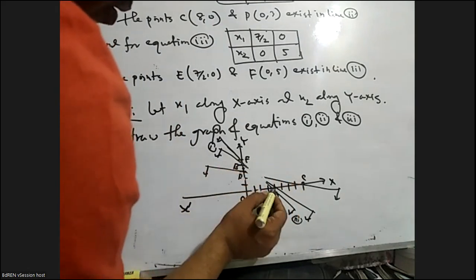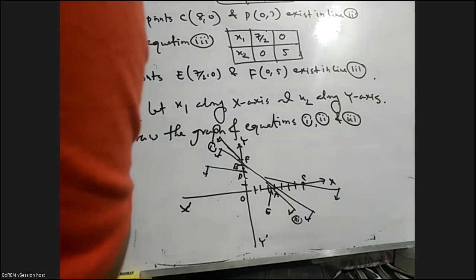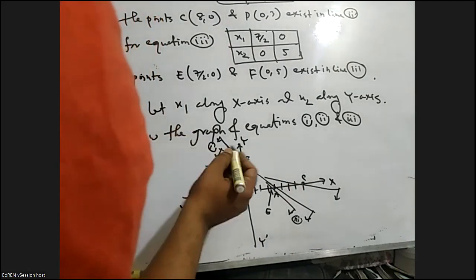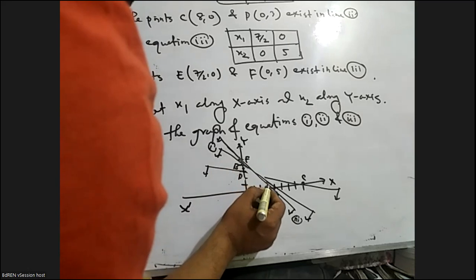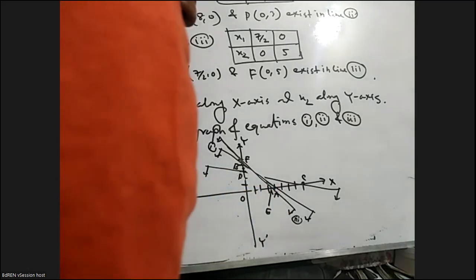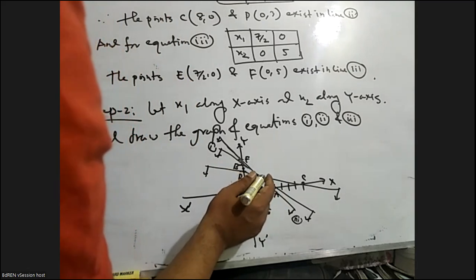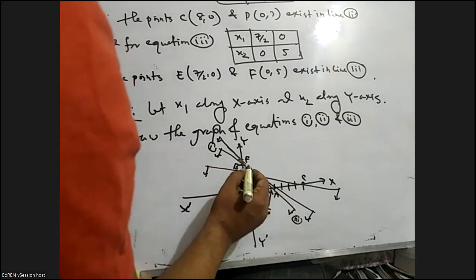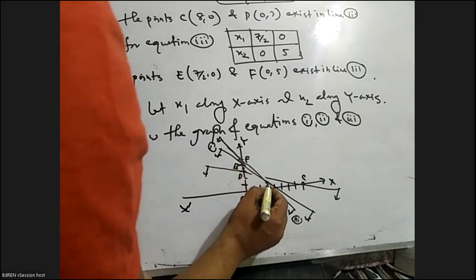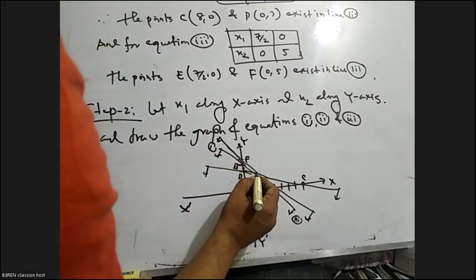This one. 4 exists like this, and 5 point, this one. Okay, this is actually the feasible region here.